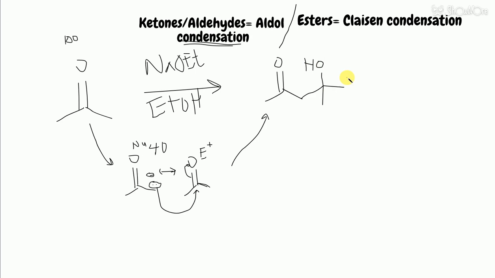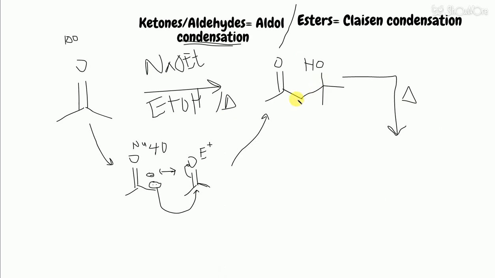All right, and so one thing that we can do to take this step further, one thing you need to differentiate is the addition of heat. And so if I add heat either over here, or I can have it as separate steps. She may have it differently. She may have it as separate, or she may have them all together. It doesn't matter. If the heat is present with this, what will happen is we'll have a dehydration step.